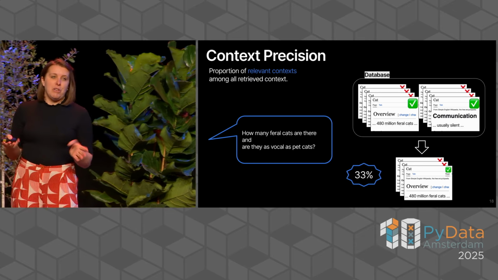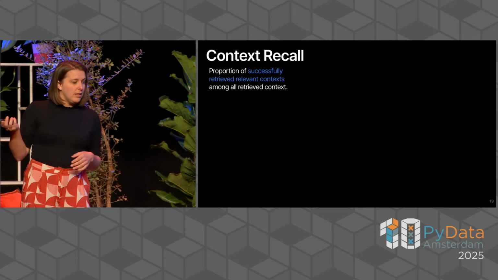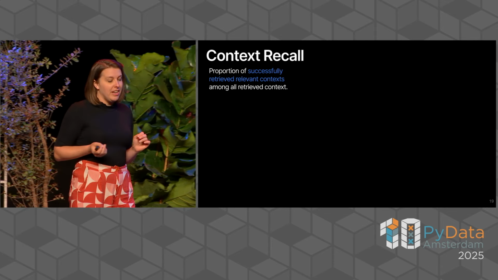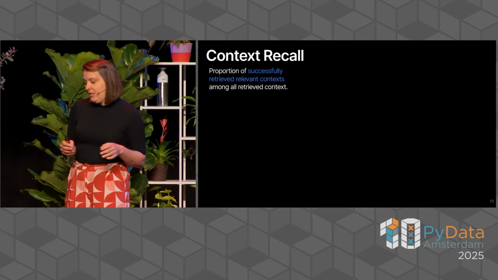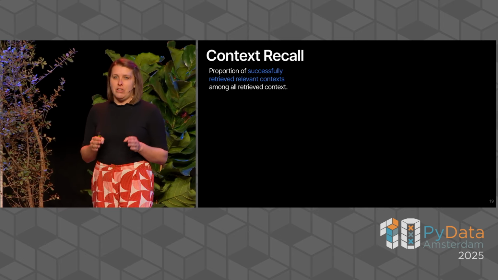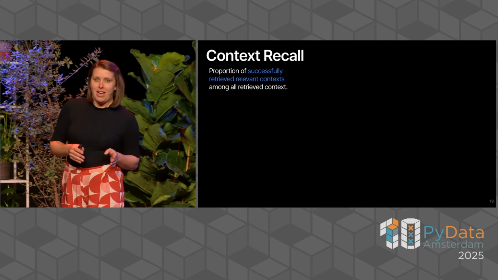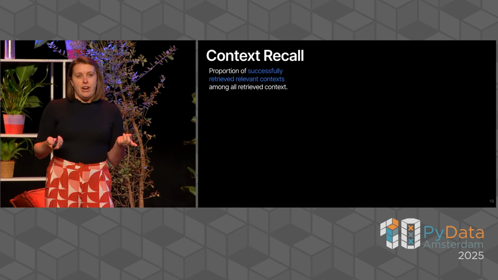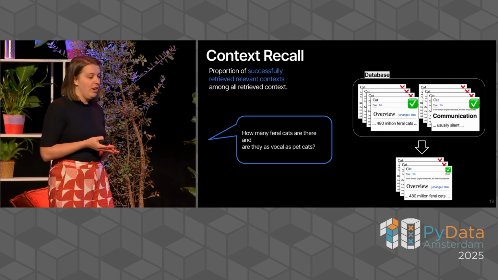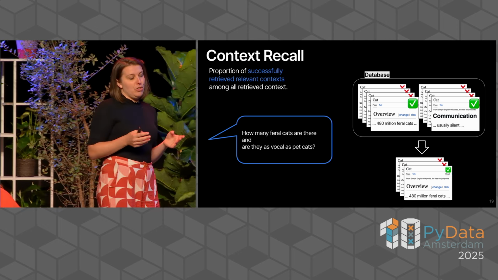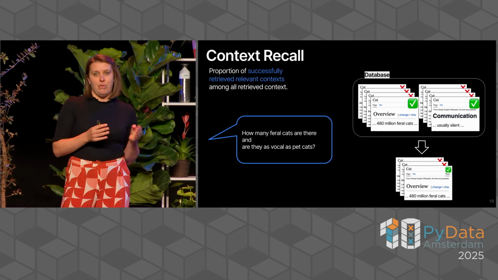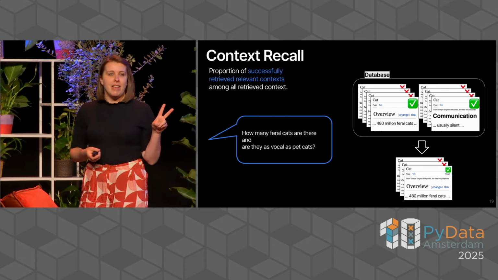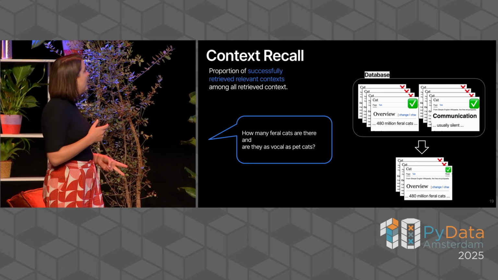And then a nice metric to complement this with is the context recall. Again, remember classical machine learning: recall is the proportion of successfully predicted positive classes among all positive classes. For the same example as before, recall is the proportion of successfully retrieved relevant documents. Remember, we had two relevant documents because they were used to generate that question.